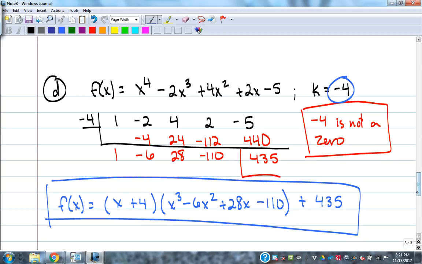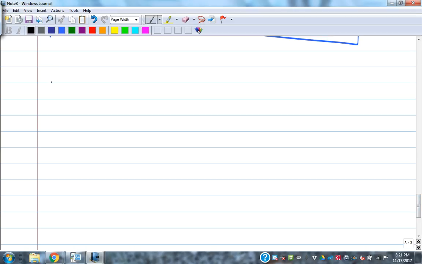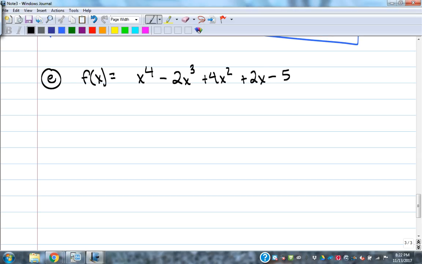All right. Let's do another. f of x, so x to the fourth minus 2x cubed plus 4x squared plus 2x minus 5.